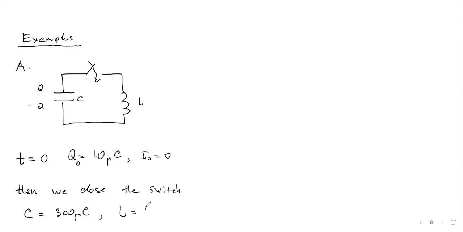So 1200 millihenry. So let's say it's a large value. So basically 1.2 Henry. Yeah, let's change it to 1.2 Henry.